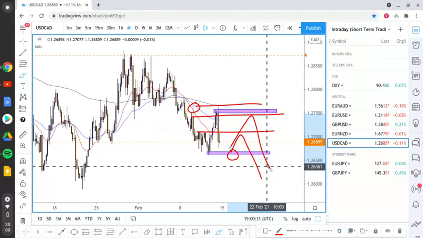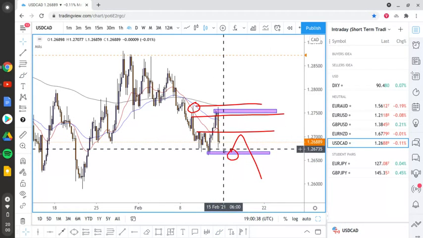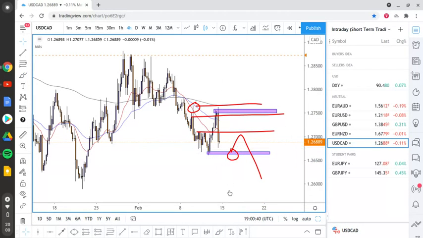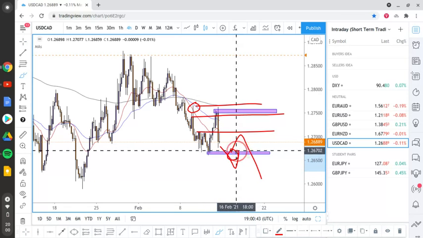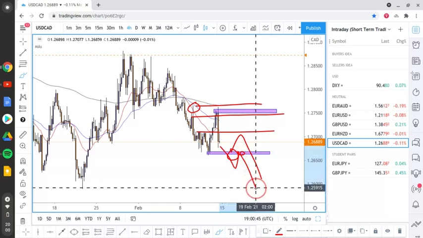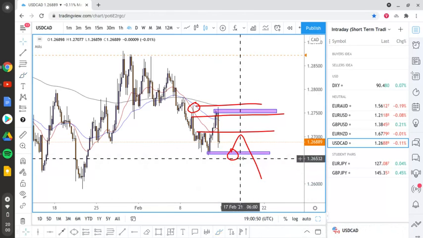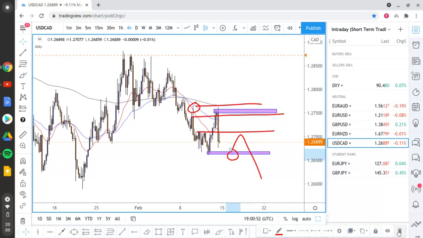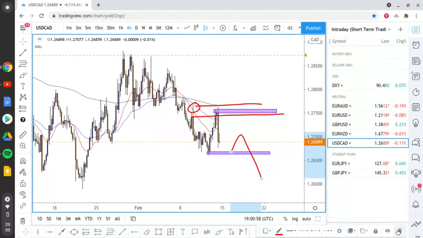So it would make sense to look for something in here and short, or in this area and short. That would be the sensible option for dollar CAD, or waiting for a break of this area, retest as resistance, and then looking for that short. That would be my 4 main areas for my sell bias on dollar CAD coming into this week.